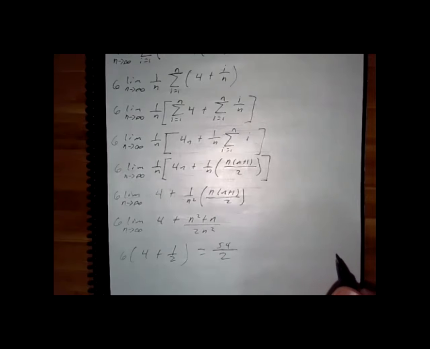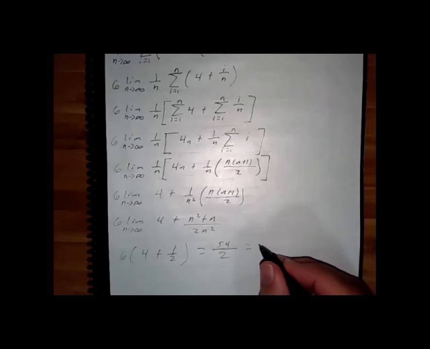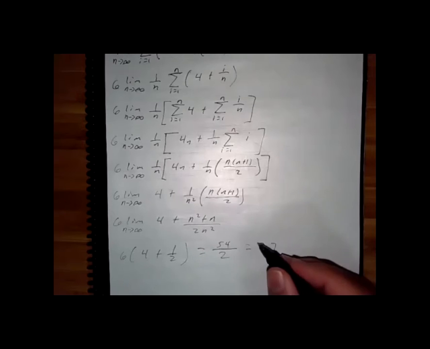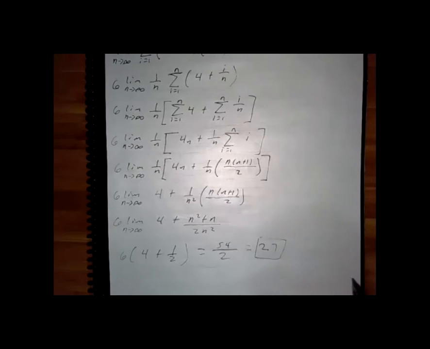There we go. Which will be, what's half of 54? 27. All right, so this is my sum. Is there any steps that were strange?